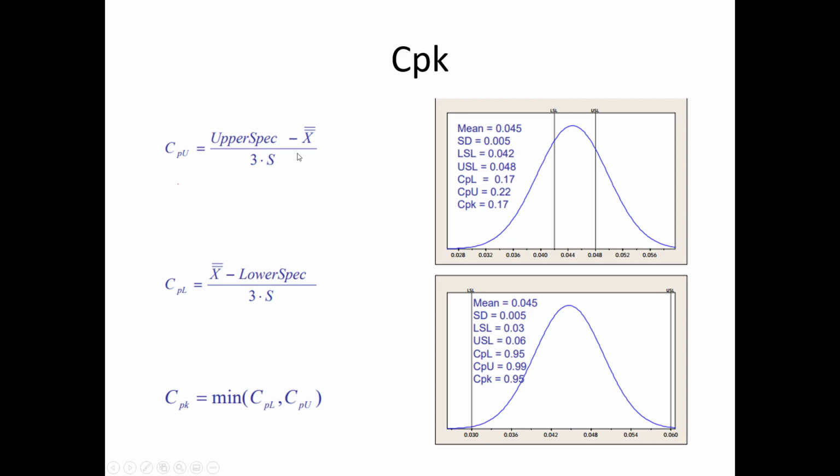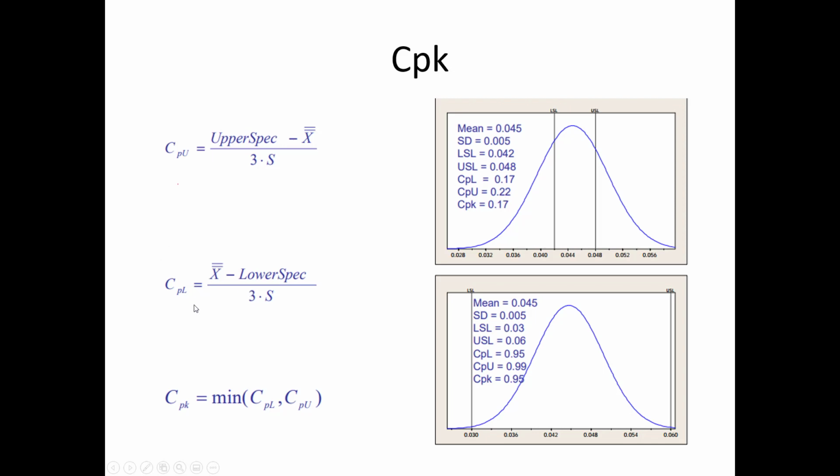So when you calculate this, upper specs is 0.048 minus 0.045 divided by 3 into 0.05. So you will get this value 0.22. So 0.22 is much less than 1. So the process is not capable.